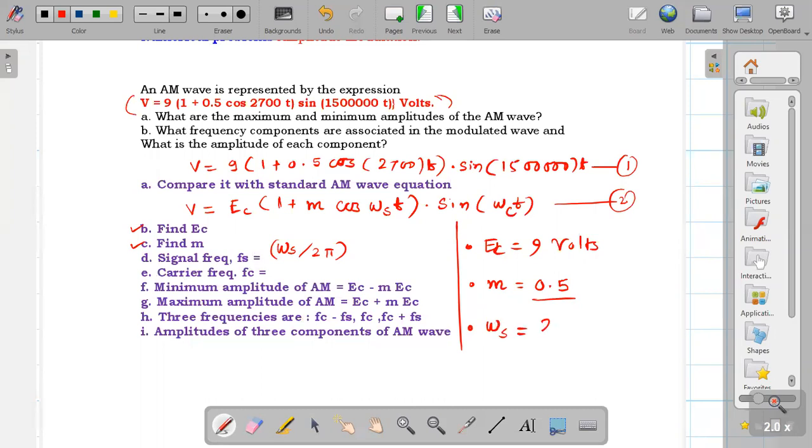Can I write 2700? Yes, 2700. Okay, and therefore omega s upon 2 pi, that is 2 into 3.14, that is 2700 upon, can I write here 6.28? Yes. 2700 upon 6.28 is 429.93.